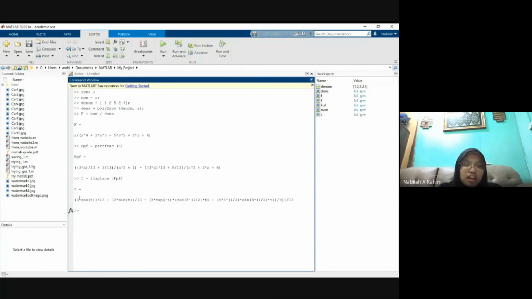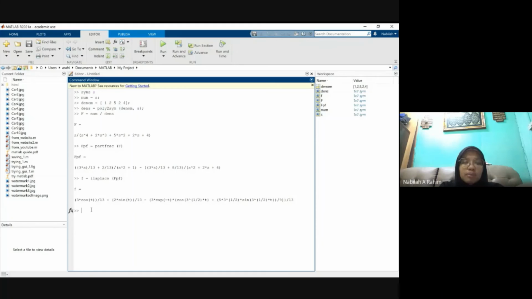The answer is 3 cos t over 13 plus 2 sin t over 13 minus 3 exponent to the power of negative t times cos 3 to the power of half t plus 5 times 3 to the power of half times sin 3 to the power of half t over 9, and it's over 13.